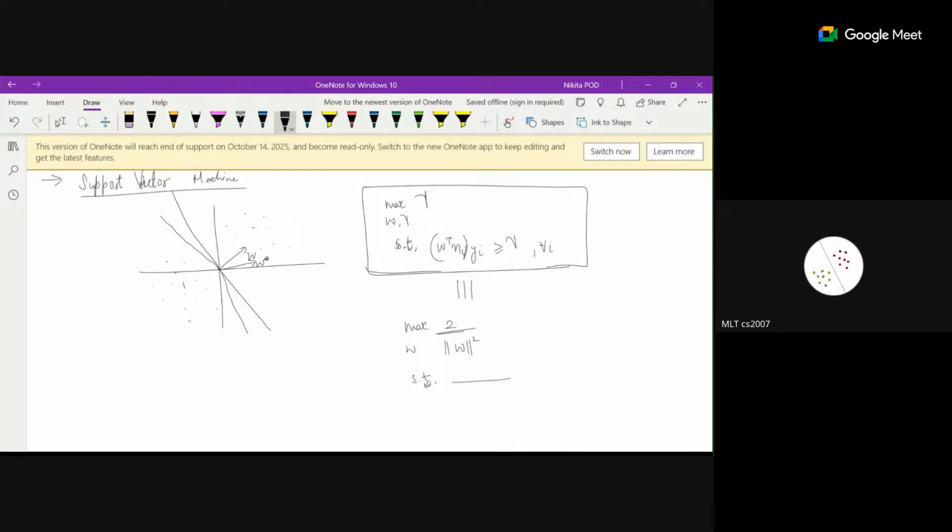Maximizing 2 upon norm of W square is equivalent to minimizing norm of W square by 2, subject to the constraint that W transpose xi yi is greater than or equal to gamma for every i. This is the problem that we are trying to solve in SVM. Okay, so let's see.